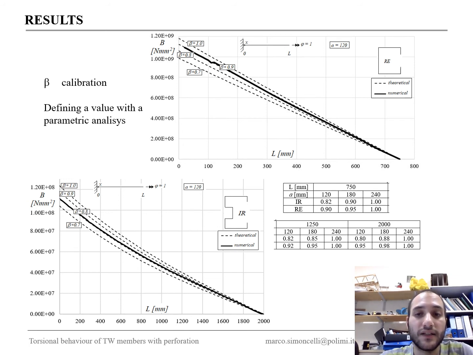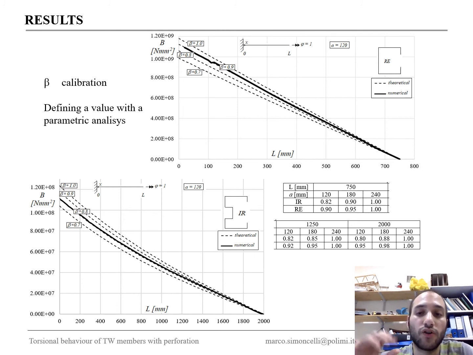The black solid line is the bimoment calculated by Abaqus. I reported here two cases, the regular one and the irregular one, with two total lengths: here 750, and here 2000.